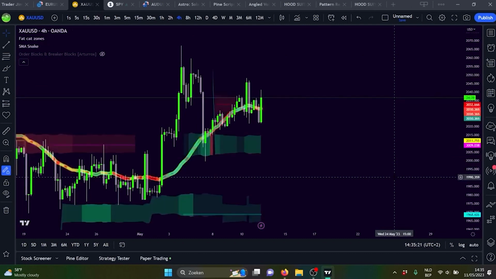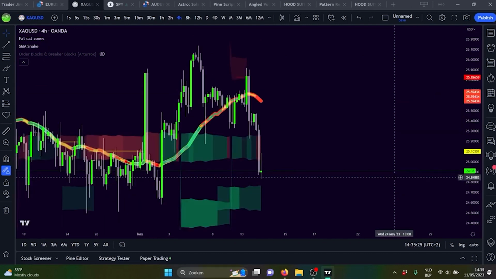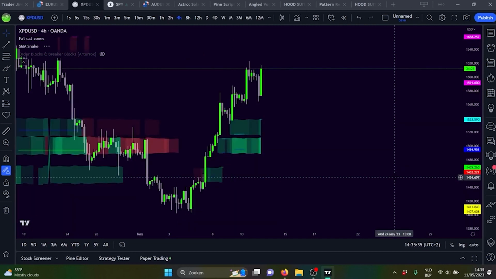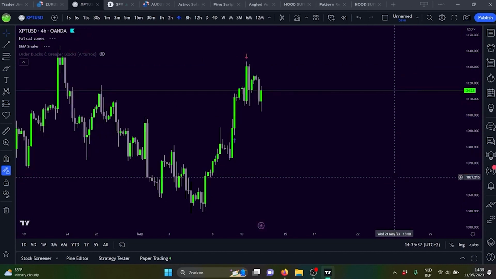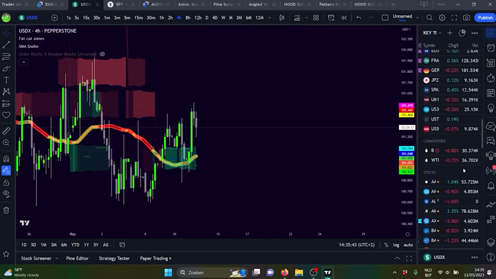Let's look at the metals. Well, they should be going bullish. If the euro is bearish, then people are gonna put some money into gold. Same with platinum and silver. Okay, let's look at oil.